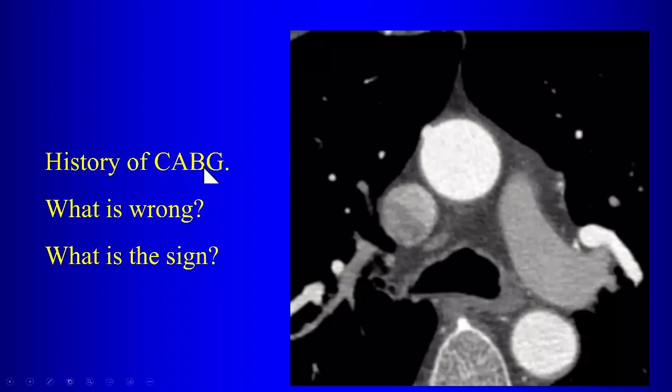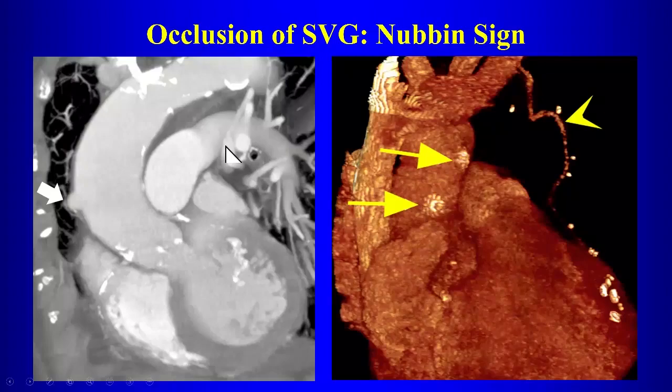So there's a term for this sign. Anybody know what the term is? Nubbin sign, right? So this is called the Nubbin sign, and it's a sign of an occluded saphenous vein graft. So that's where the origin of the graft is. Of course, you can't see the graft because there's no contrast in it, so we really don't see it.